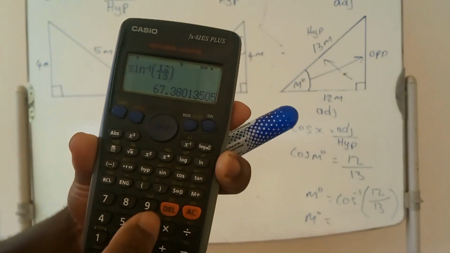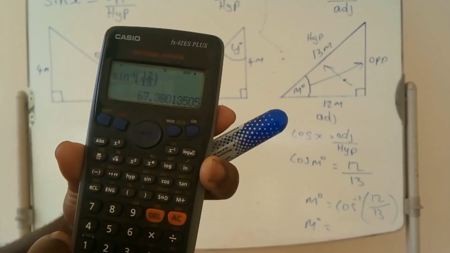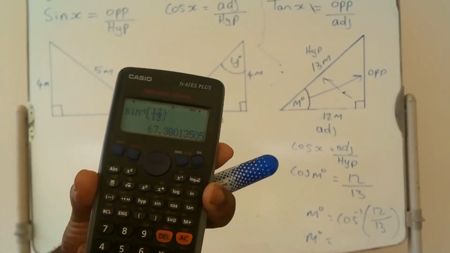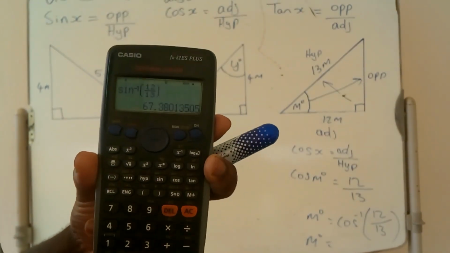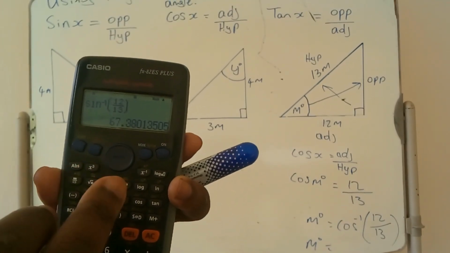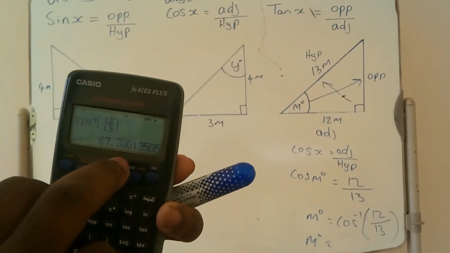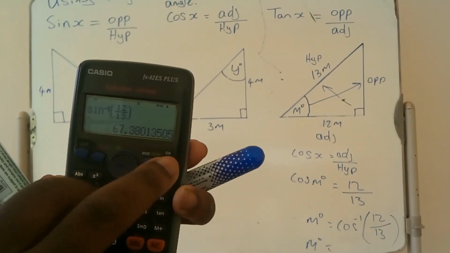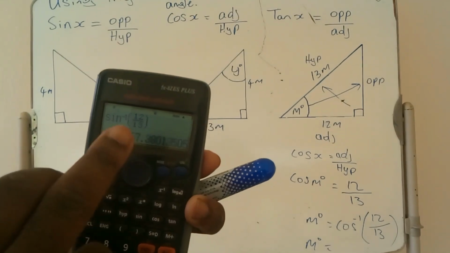Now when you press equal, the angle is about 67.38 degrees. Now we're going to round off that angle to 1 decimal point. Because it is 67.38, the second decimal place is 8, which is greater than 5. That means we're going to increase the previous digit by 1 and forget about the rest.